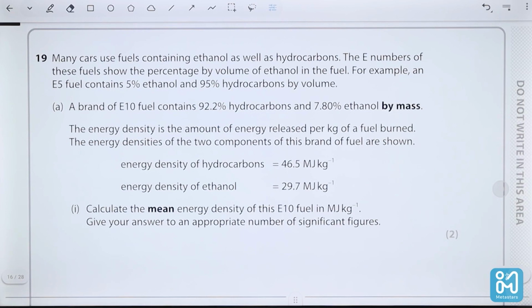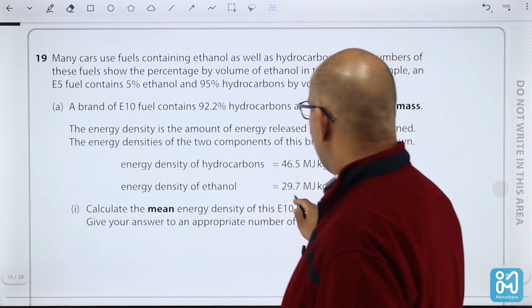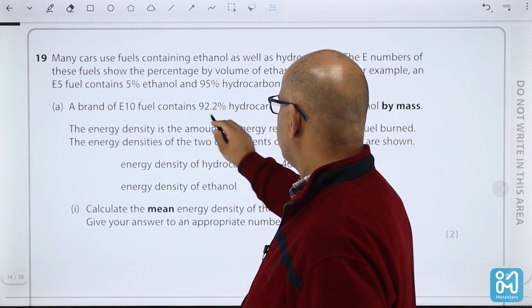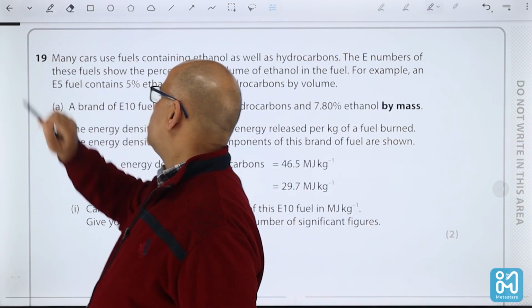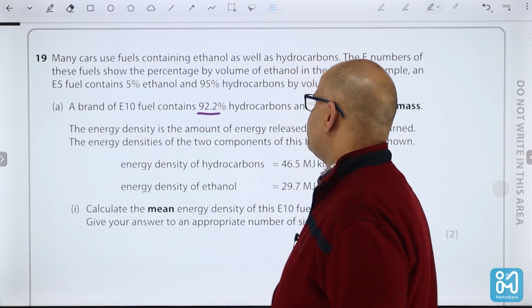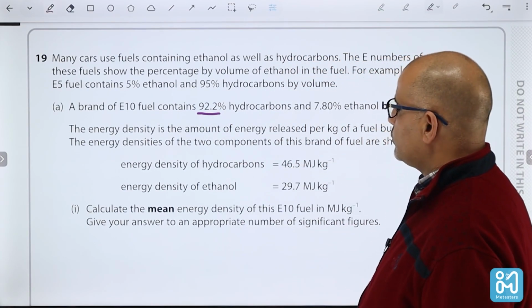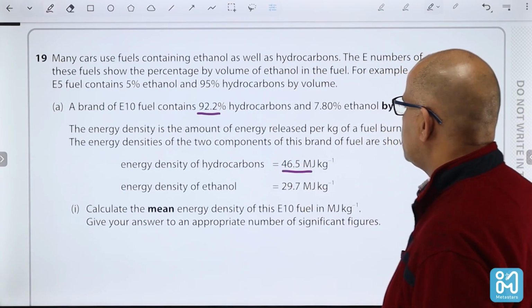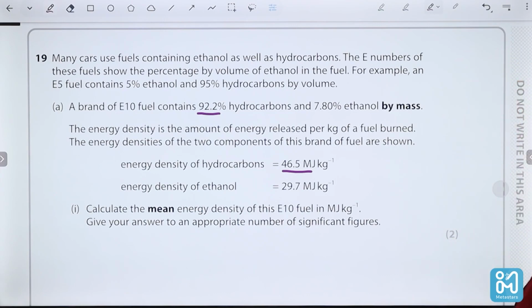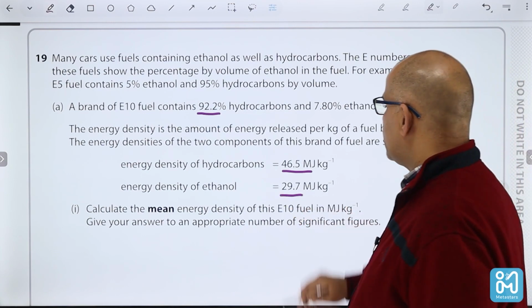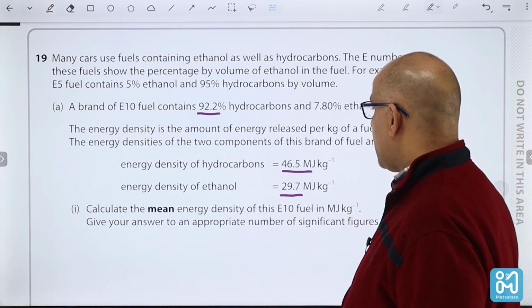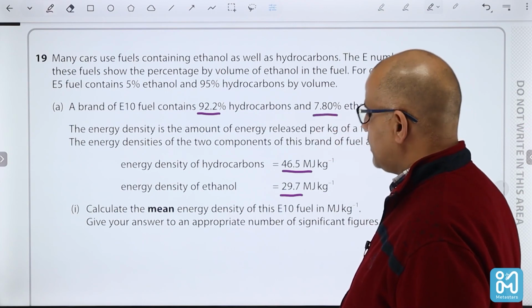Okay, so this can be done by, for hydrocarbon, it is 92.2%, and its energy density, and for ethanol, it's 29.7 and 7.8.